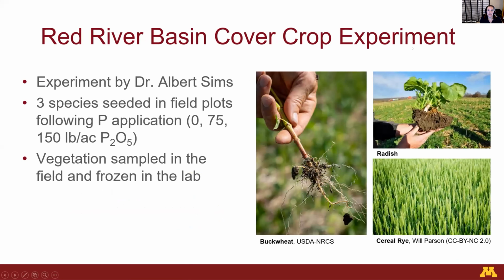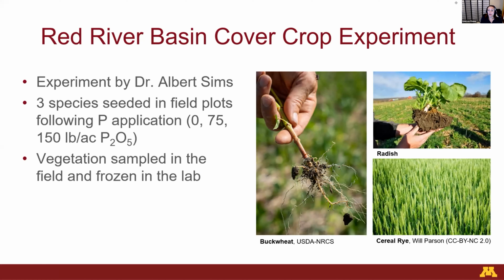So this experiment was primarily a lab experiment that was done by Dr. Albert Sims, who was my predecessor in this position at the Northwest Research and Outreach Center. He looked at 3 species of cover crops that they planted following a fall fertilizer application. They did 3 application rates, 0, 75, and 150 pounds per acre of P2O5.